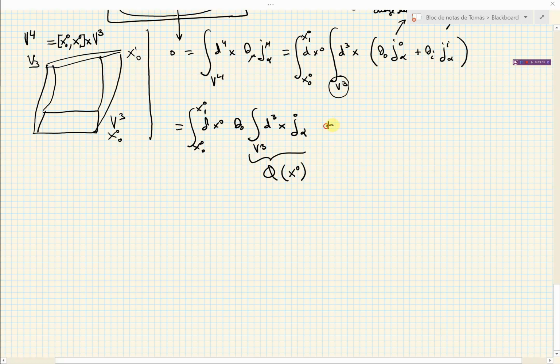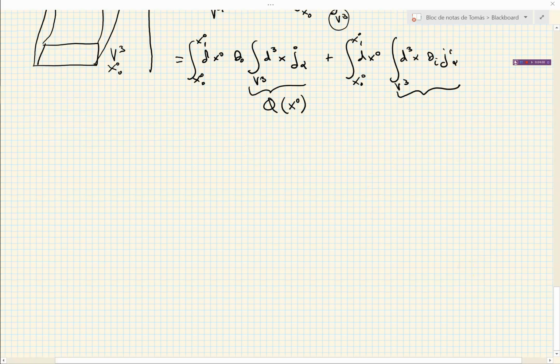Then the second term, you have this time integral, and the integral d3x of di ji alpha over V3. In this integral you can use the three-dimensional Gauss theorem to rewrite it as a flux integral, as an integral over a two-dimensional surface, which is the boundary of V3.